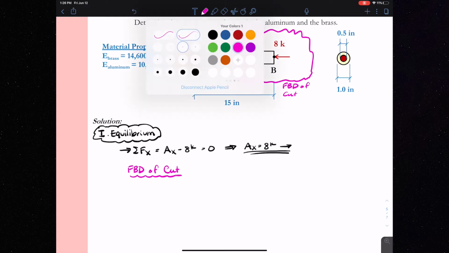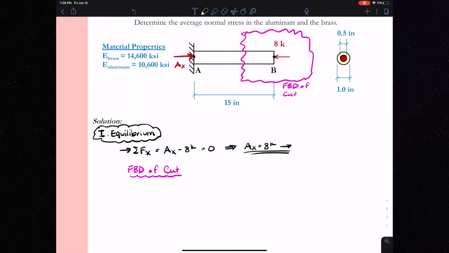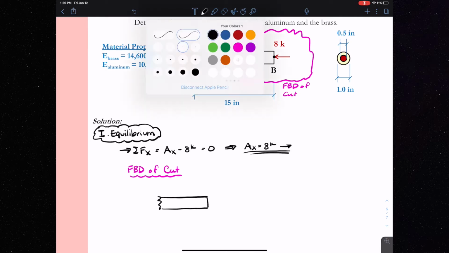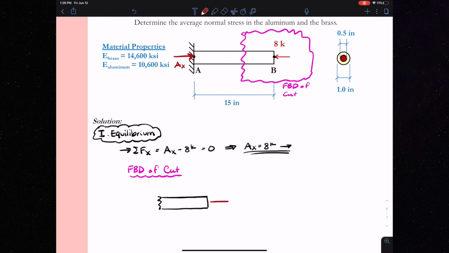And so we can more clearly see why it's statically indeterminate by taking a free body diagram of a cut as shown. When I draw my free body diagram, I see that at point B I have 8 kips applied. And then where I made my cut, I have internal forces. And again, I'll draw my internal forces positive in tension, so away from the surface of the cut.